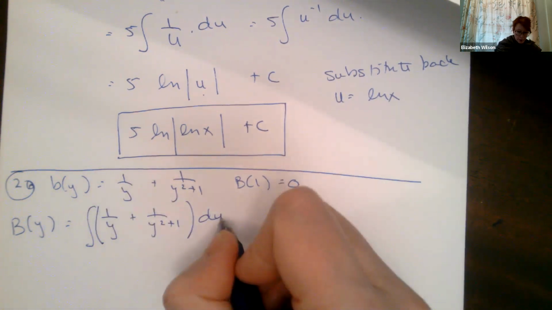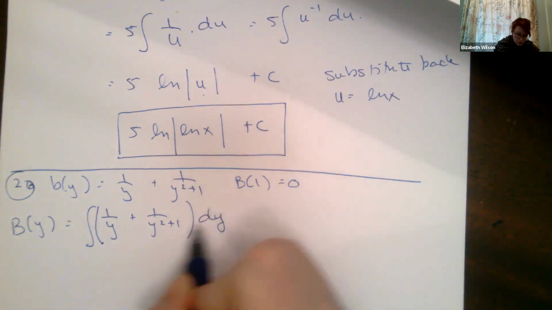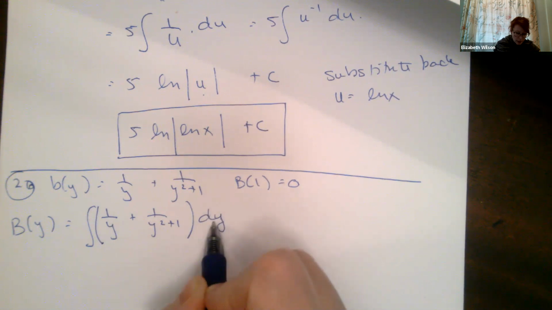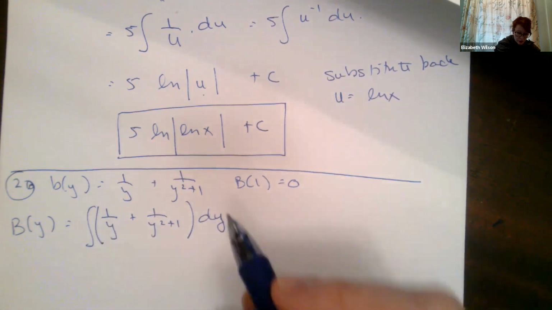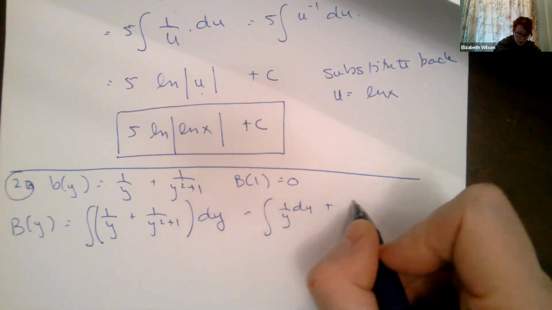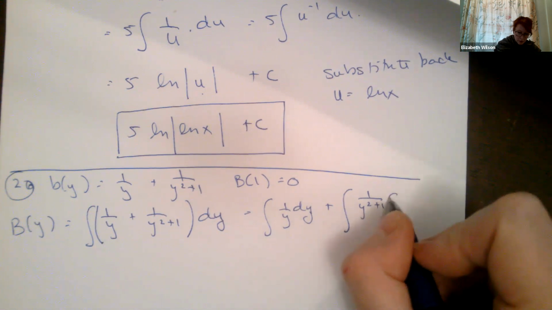Now we're going to distribute the integral and the dy to both of these terms. So 1 over y dy plus 1 over y squared plus 1 dy.